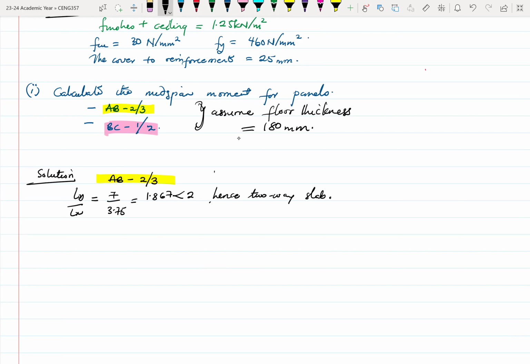Okay, great. Once we have that, I forgot to deal with the loads. Let's find the total dead load. Before that, let's find the load from the self weight of the slab.